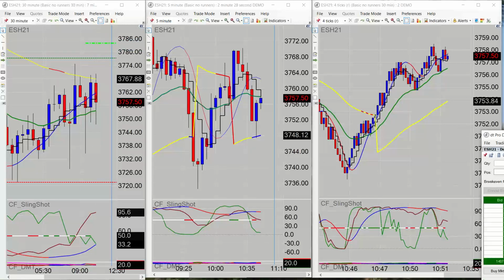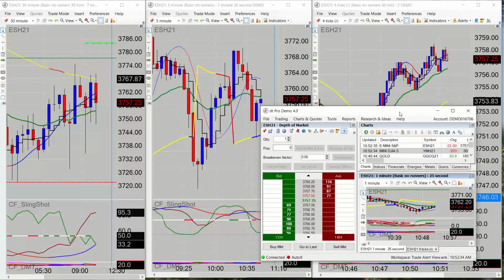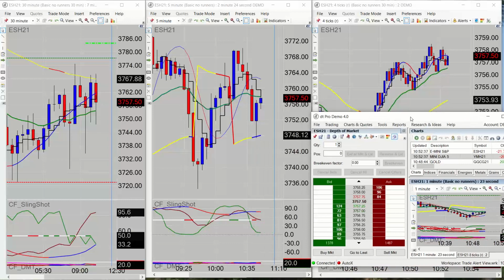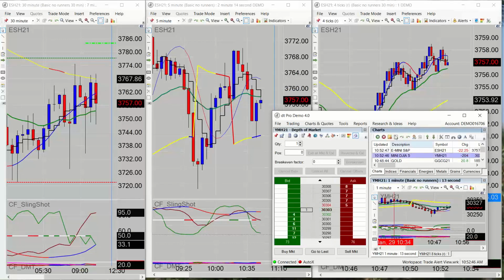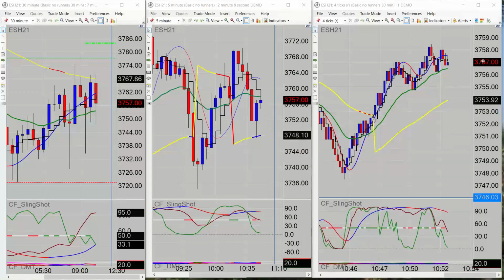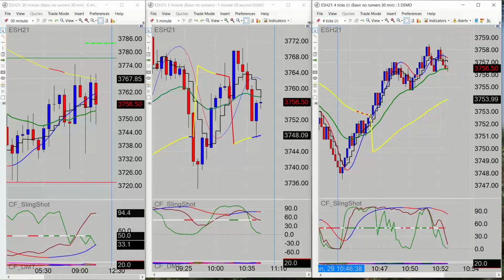The other thing I want to show you, for those of you that do use the Daniels platform, is that I have all of these charts connected to my dashboard. I thought I did. All right, let's go ahead and connect them. To do that, you just click this link to quotes on each of the charts.